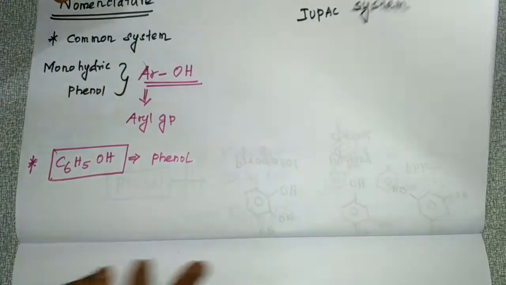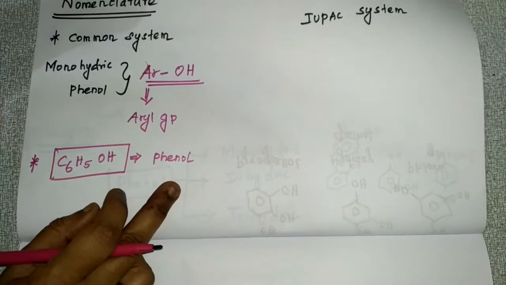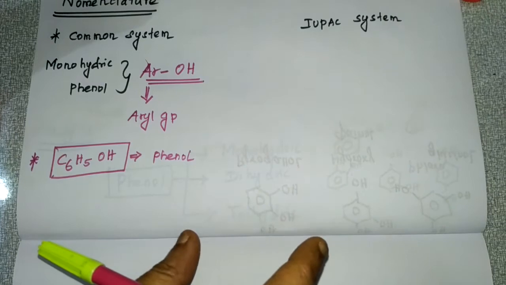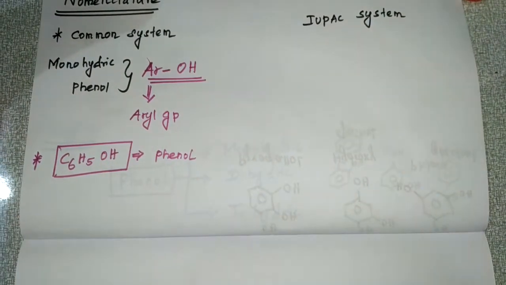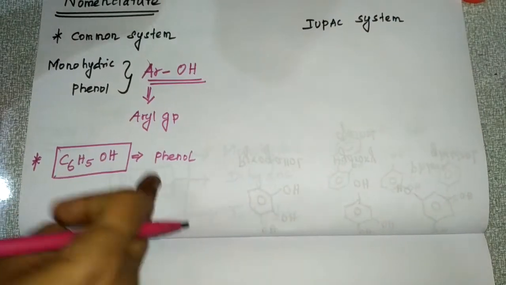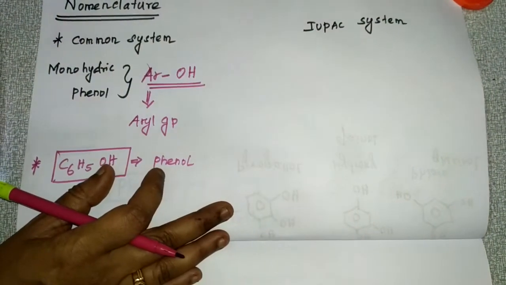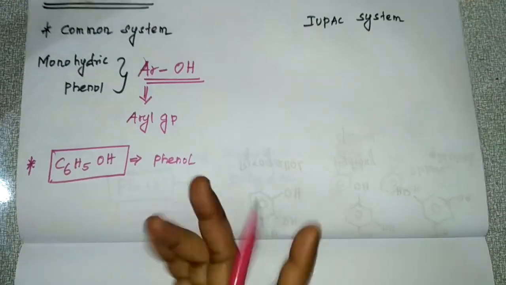In this common system, phenol is the parent member. Whatever compounds you get, you get from this phenol only. So you can consider this phenol as the parent member. Clear? Next, I'll give you examples for this.